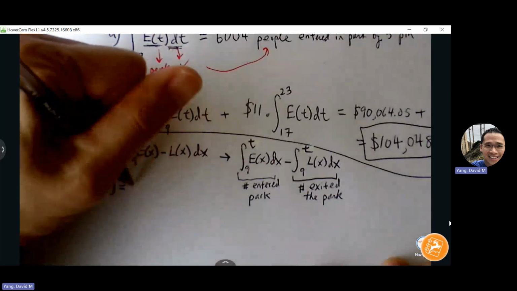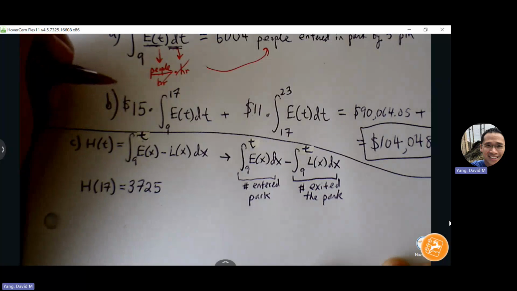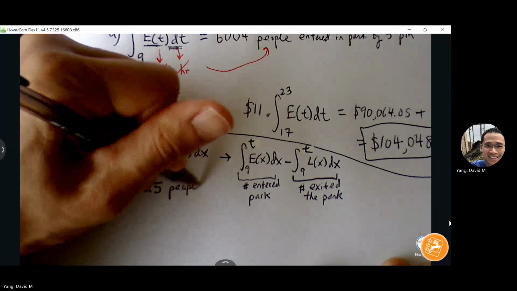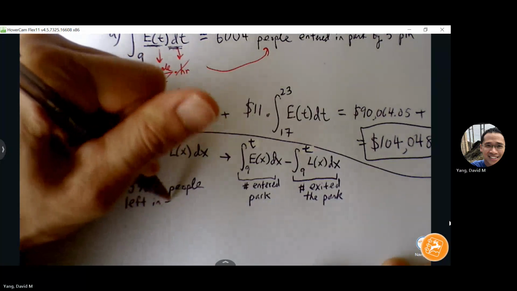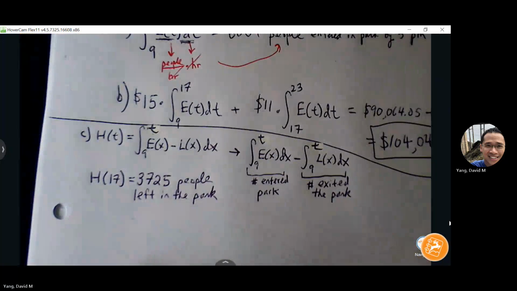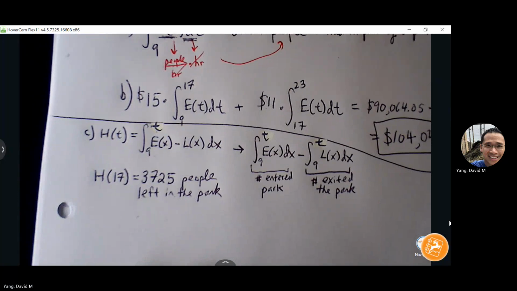So h of 17 equals 3,725 visitors left in the park. Okay, so that's the first part of C.